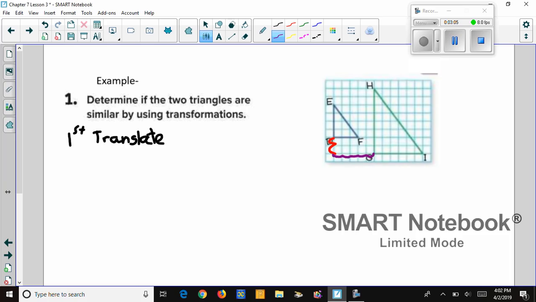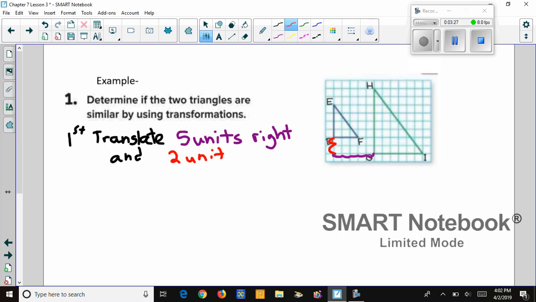So let's state that. We'll say translate 5 units right and 2 units down.